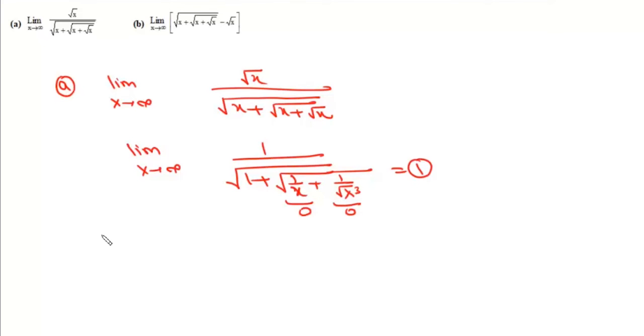And if we look at part b, it'll be the limit x tends to infinity of under root of x plus under root of x plus under root of x, minus under root of x.